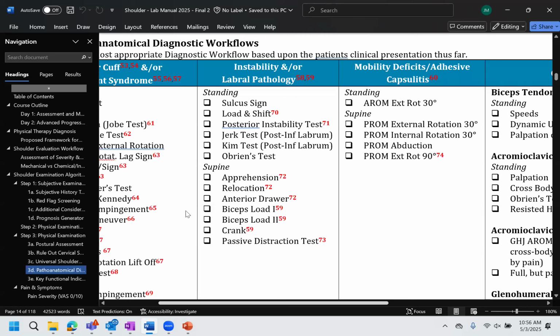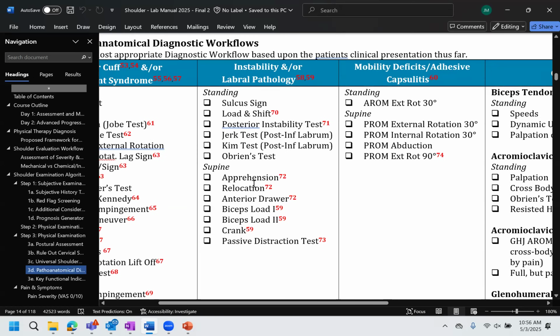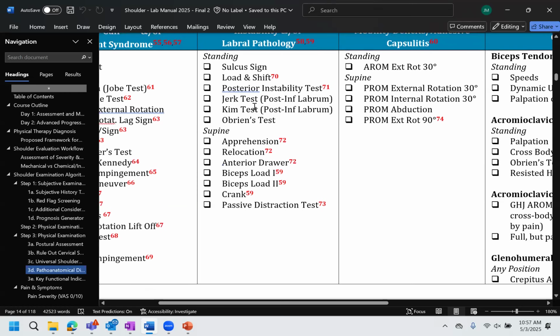So then we're gonna move into our standing instability or labral pathology, which is what we're gonna work through as we go through our next series of special tests. So this individual most likely has some type of subluxation and/or macrotraumatic type injury. Not always the case, but oftentimes, at least in my clinical practice, that's what I'm seeing.